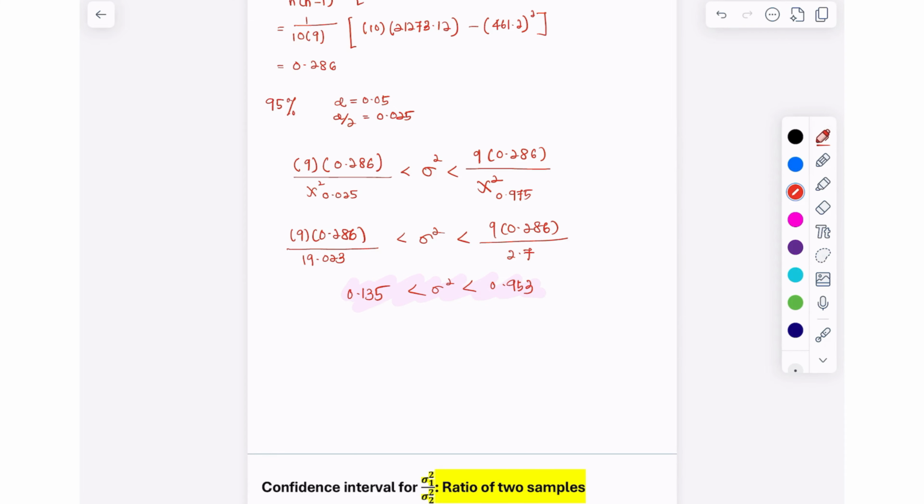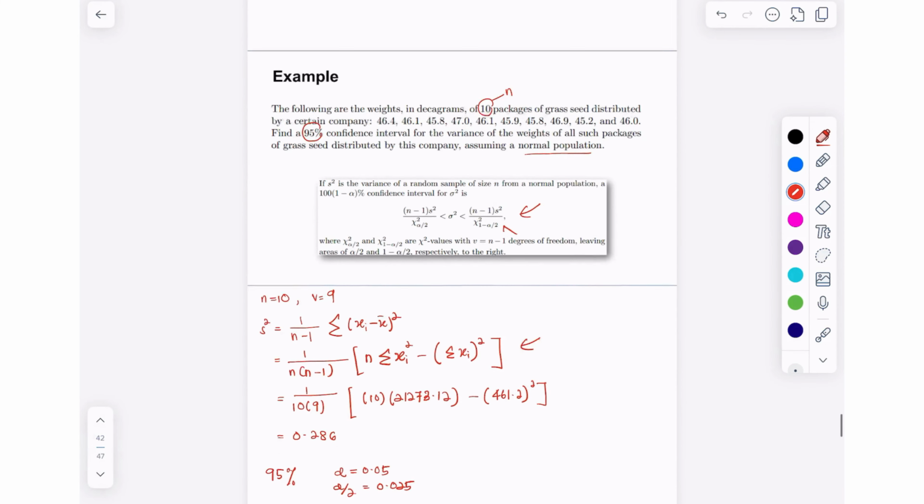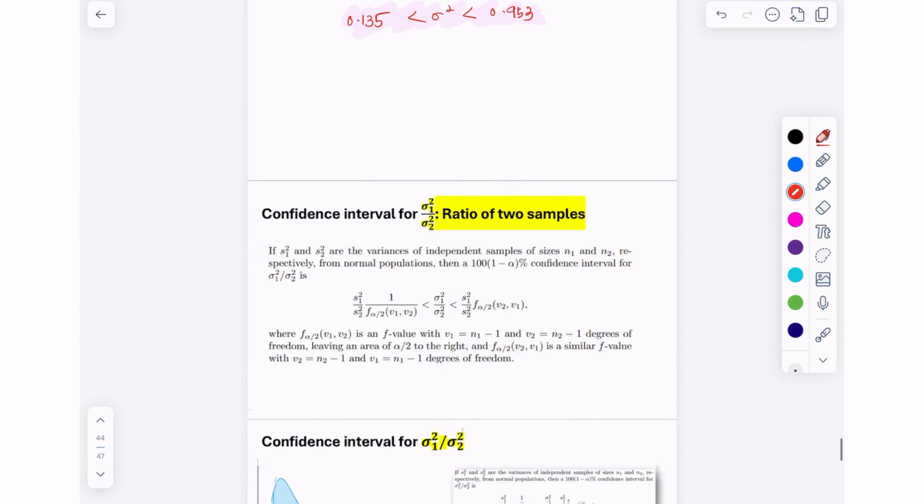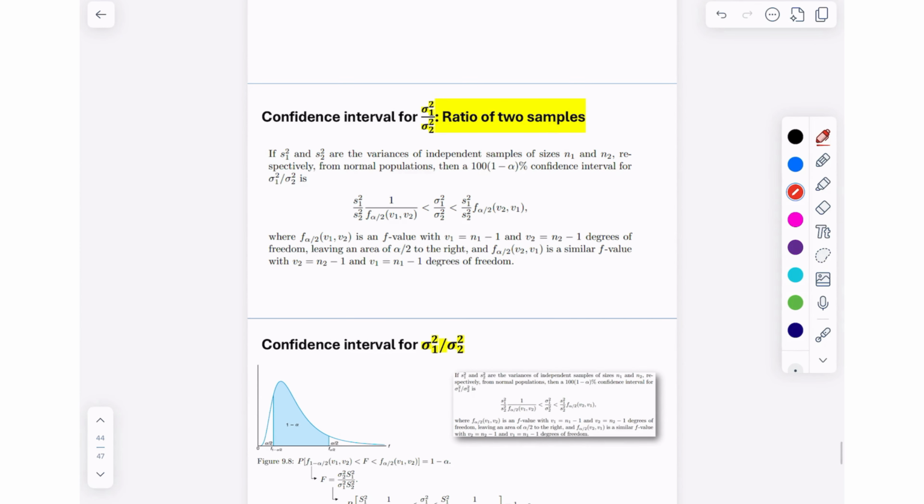Okay, this is for the one variance case, and then we go for the case of two variances, that is in the form of a ratio. In this case, of course, we have two point estimators for the variance, that is S1 square and S2 square, and also two samples, N1 and N2.